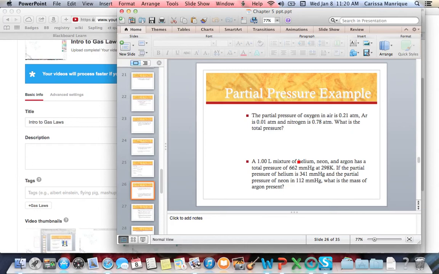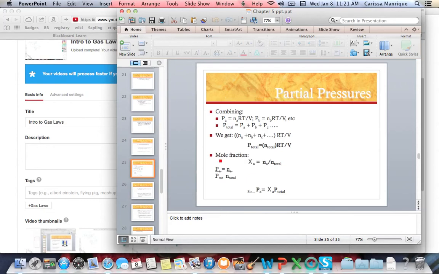The total pressure is what you get when you add up all the individual pressures. That's basically what partial pressures is: if you add up all of your individual pressures, you'll get your total pressure. Another important formula is mole fraction, meaning the amount, which equals the moles over the total.